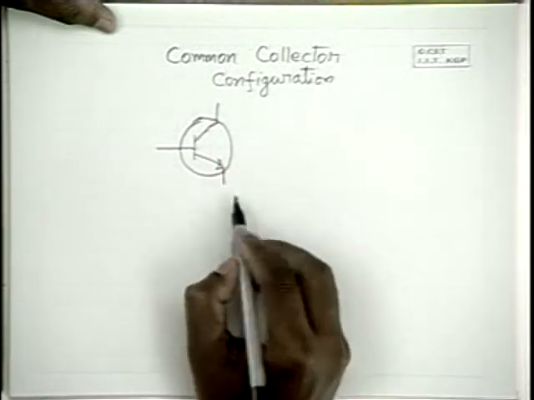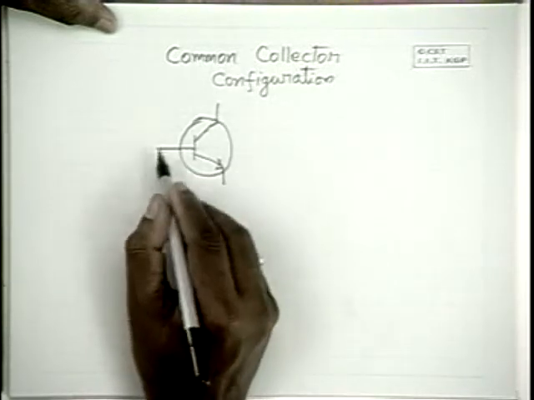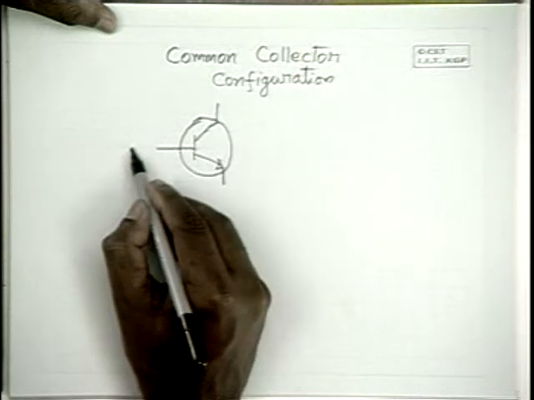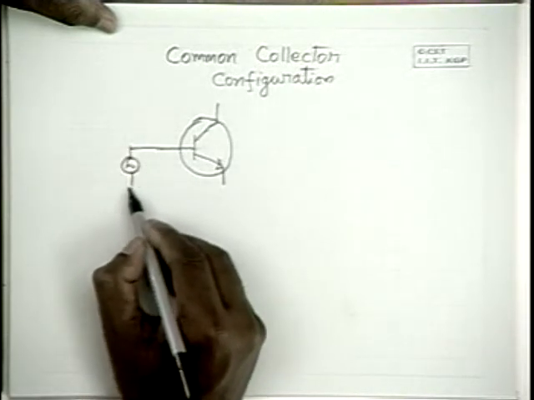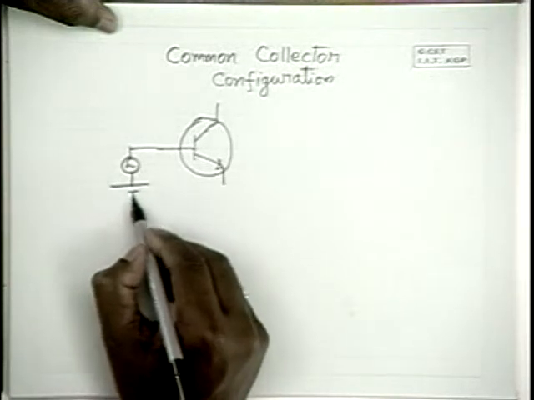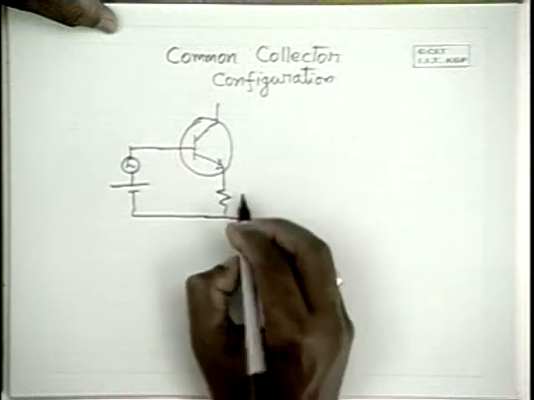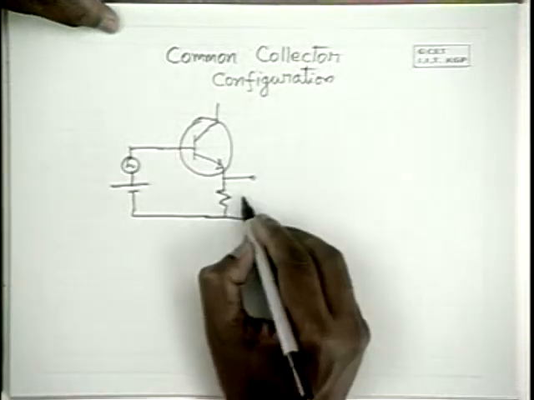We apply the signal at the base emitter junction in this form, and take the signal over here from the emitter.